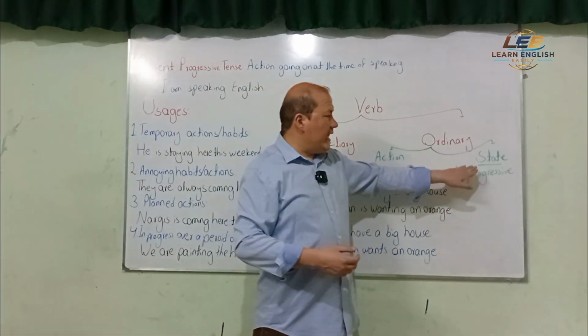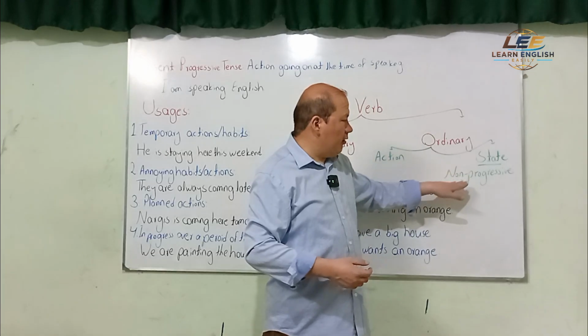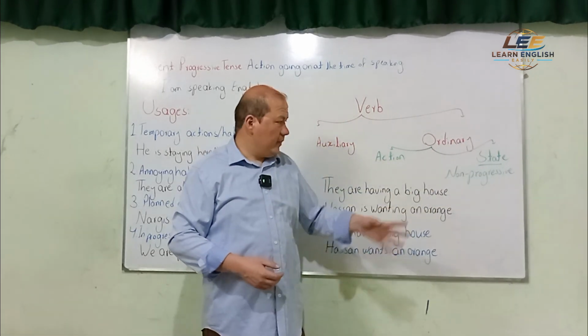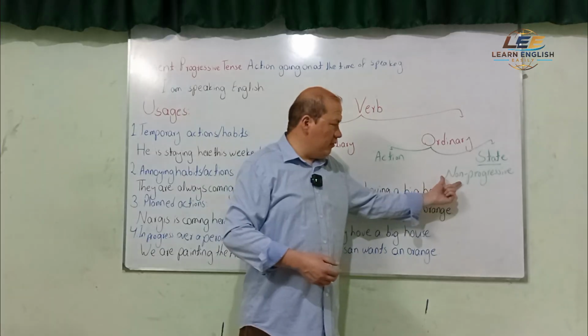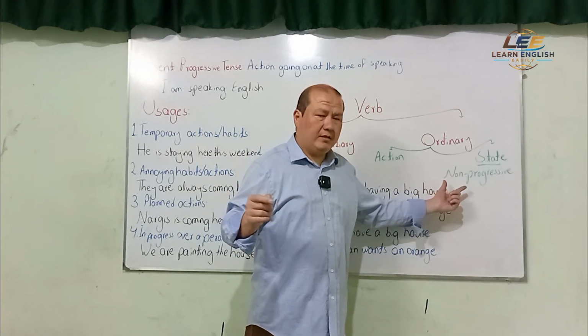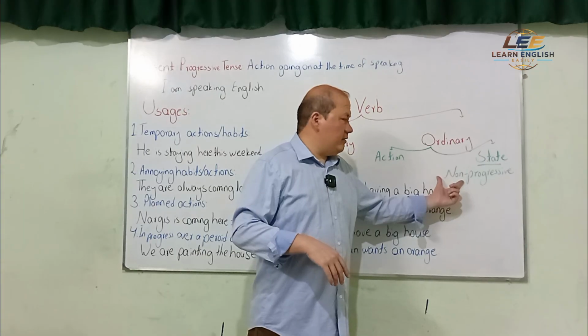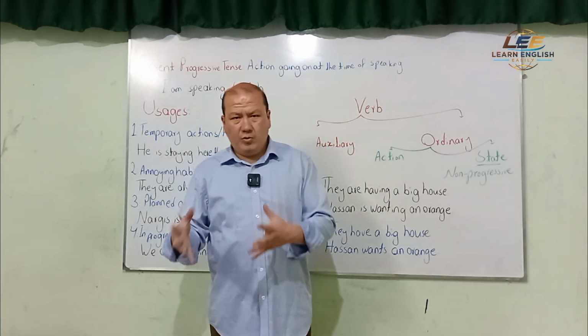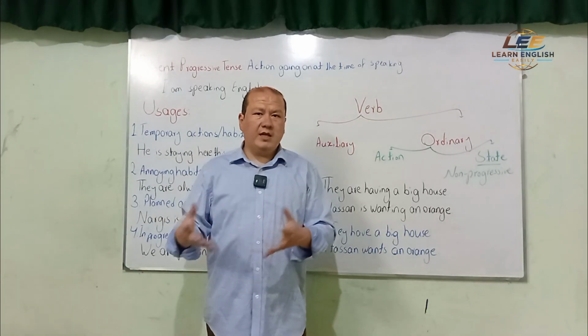Now, these state verbs are also called what? Non-progressive verbs. So focus on the pronunciation. It's pronounced "non," not "none." None is N-O-N-E, which means none. This is non-progressive. Non, as you know, is a prefix which makes something negative.